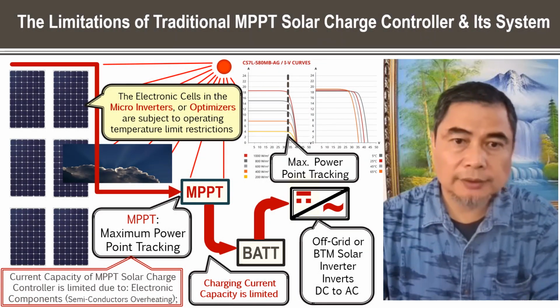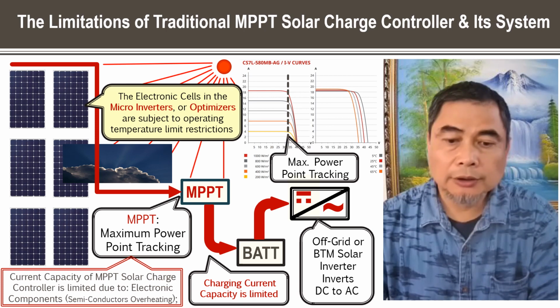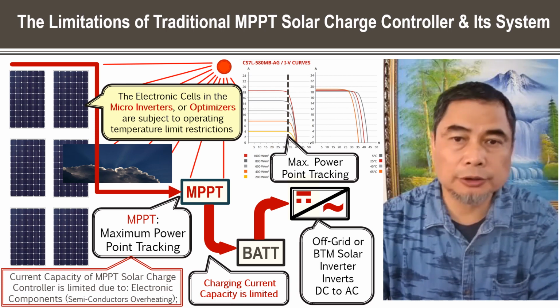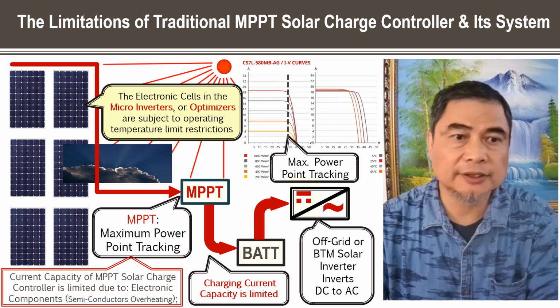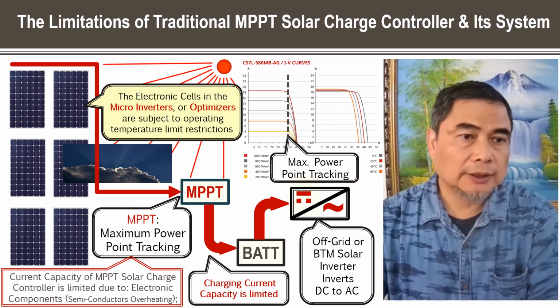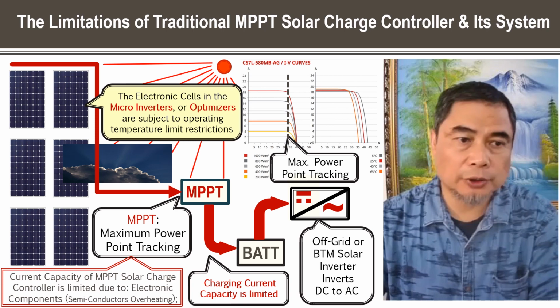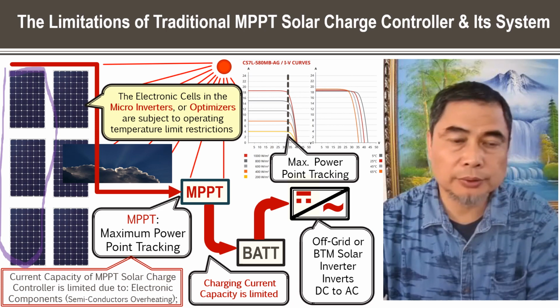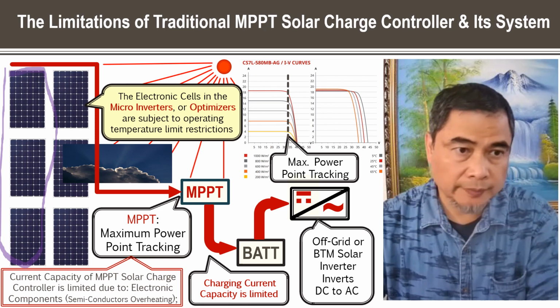So this diagram here shows how this MPPT solar charge controller system has been set up. You have the solar panels connected in series to increase the input DC voltage.